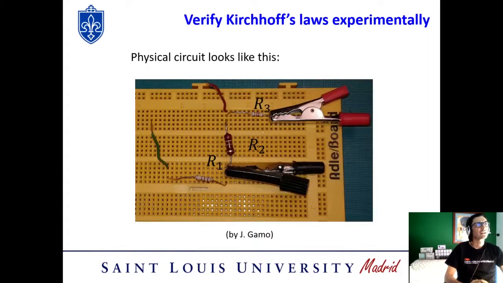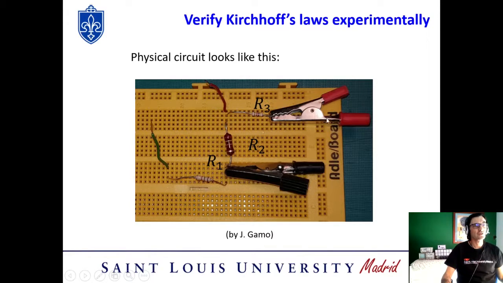How do we mount this? I have here the mounting for you. This is a picture of the physical setup. As we can see, we have here the three resistors R1, R2 and R3, and we have placed here connectors for the voltage source.